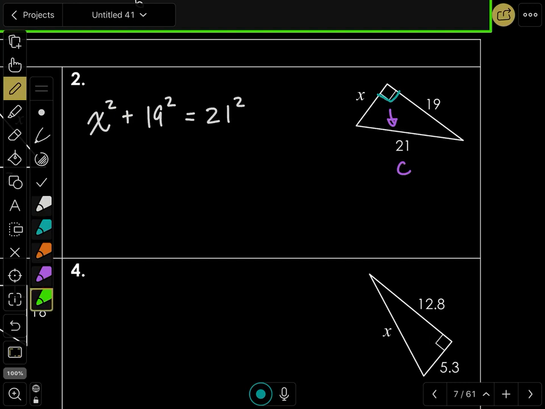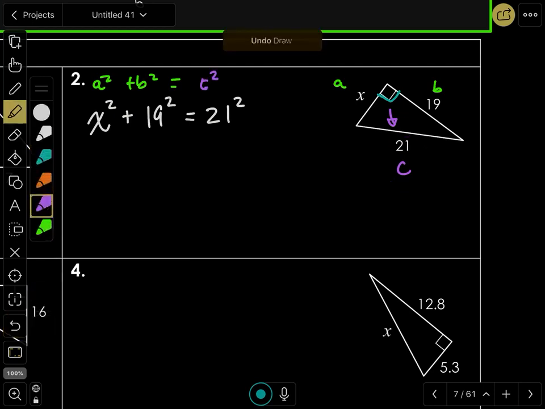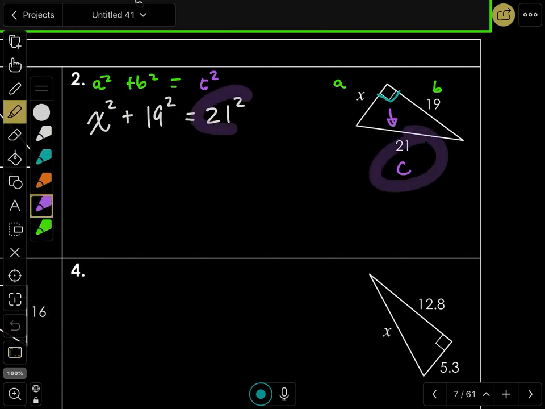And again, this is because I'm using A and B, and we know that a squared plus b squared is equal to c squared. So really the key is identifying which one of these is our C, and then we know that that will go by itself on the equal sign. That way we can just keep all of our ducks in a row here.